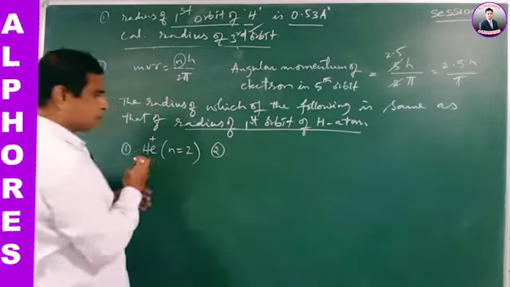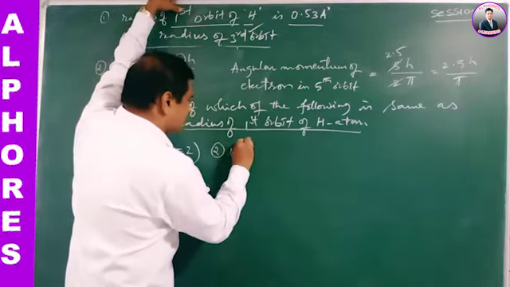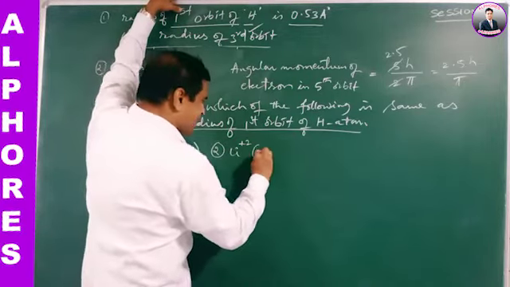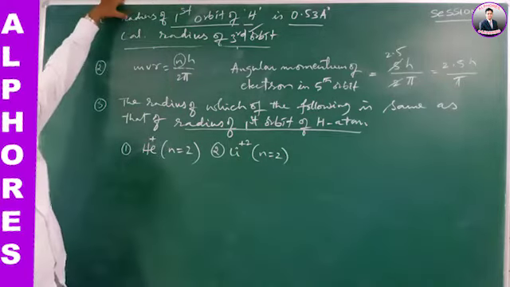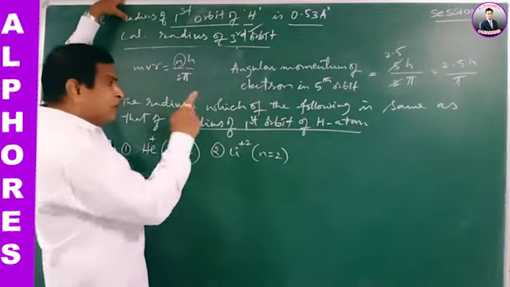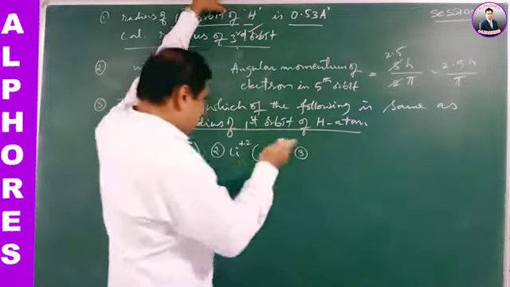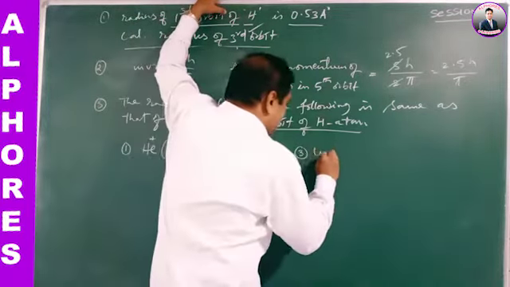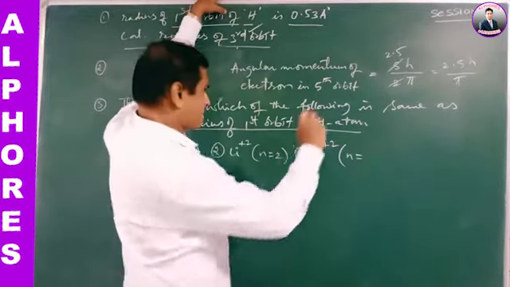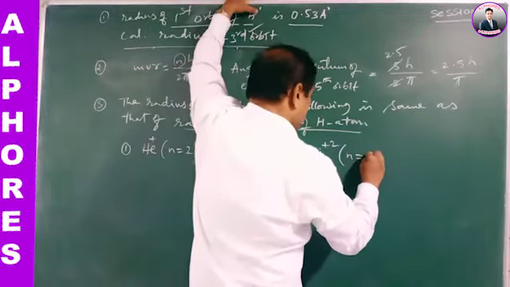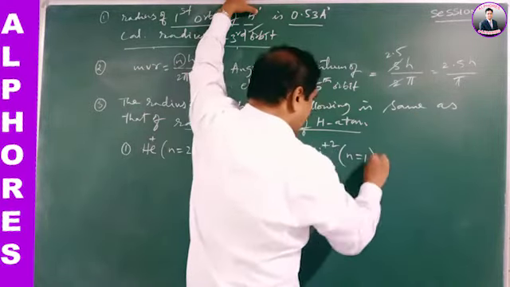Second option, lithium 2+, second orbit. That means the radius of the second orbit of lithium, is it equal to the first orbit of hydrogen? And the third option we can make out: lithium 2+, n is equal to 1.